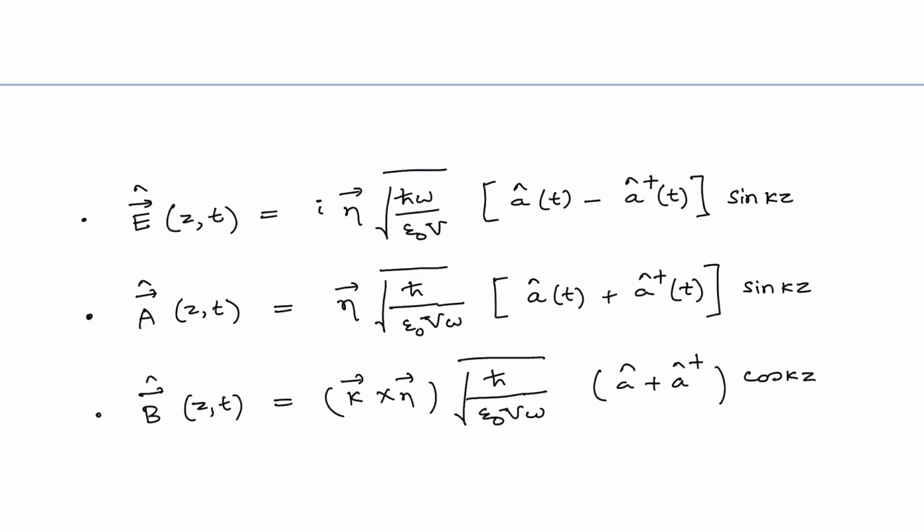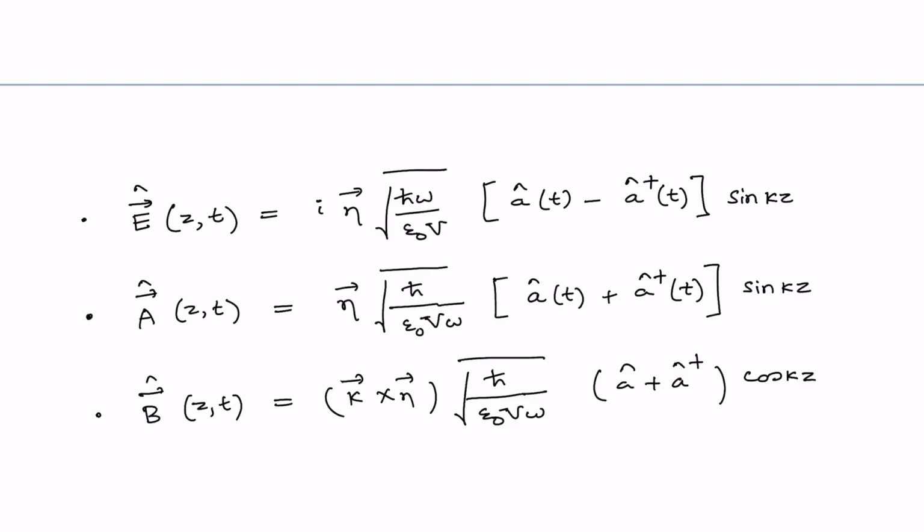And you can also check the difference between these expressions and those of the propagating wave. You can very easily work these expressions out, so I'm leaving it to you to do that. Otherwise, we may again do that in the problem solving session.